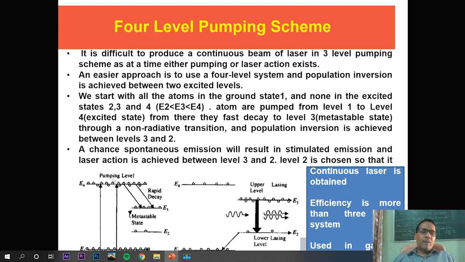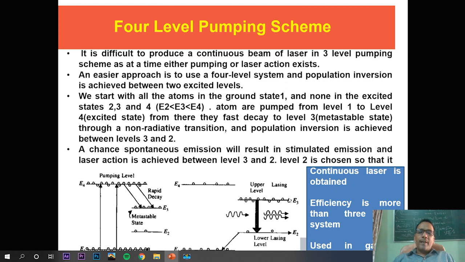By this cyclic process we continuously get laser. Its efficiency is slightly more than the three level system, and we get continuous laser, which is why this is known as the better pumping scheme.